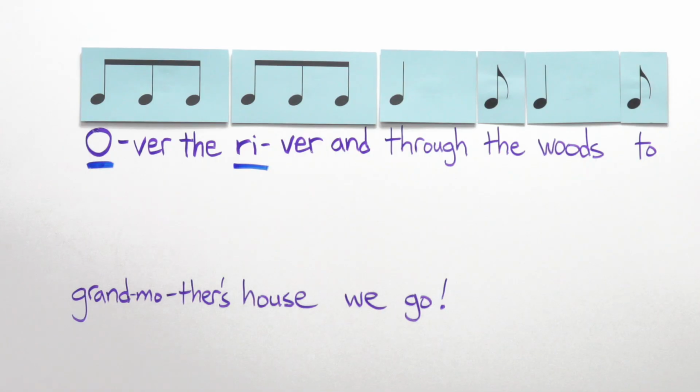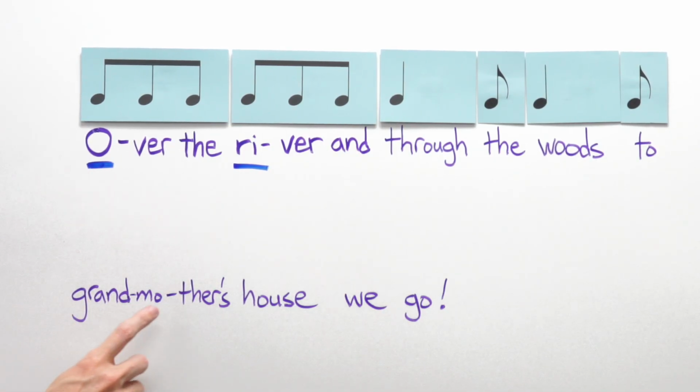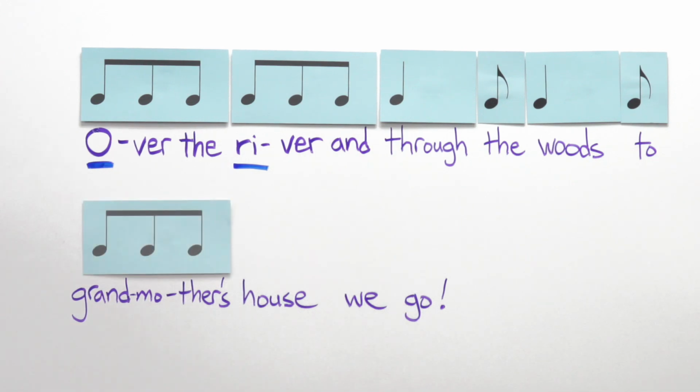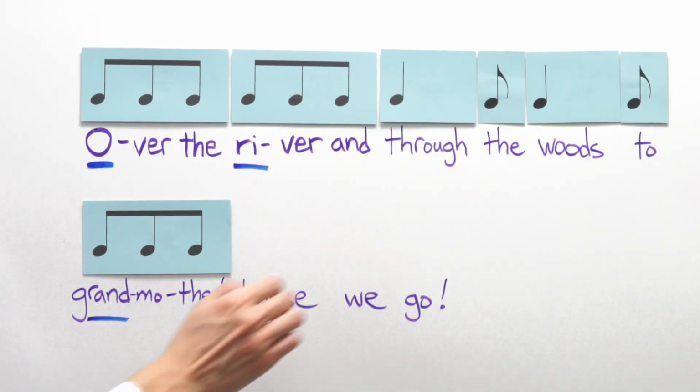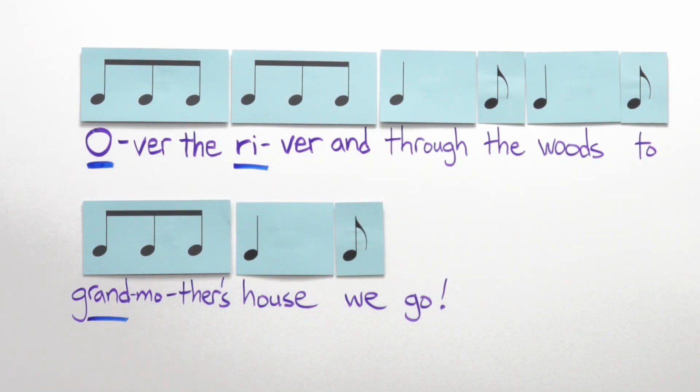Now let's figure out a little bit more. What would grandmothers be? Grandmothers. That would be ti, ti, ti, a group of 3 8th notes. Once again, we've got a strong syllable and then 2 weaker ones. Grandmothers. House we go. House we. Let's just figure out this one. House we. Once again, we have a ta, ti, or a quarter note, 8th note.